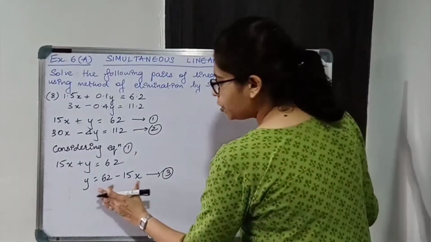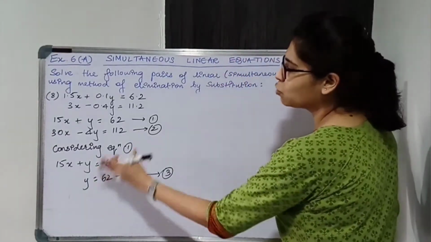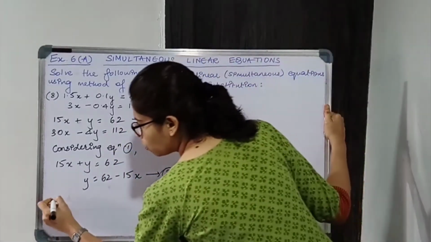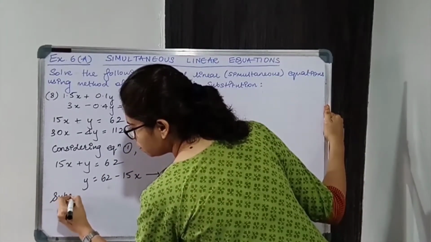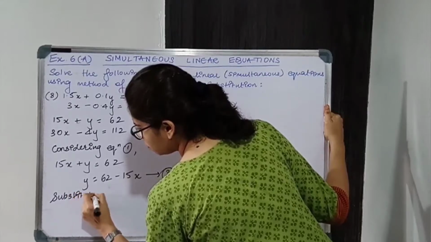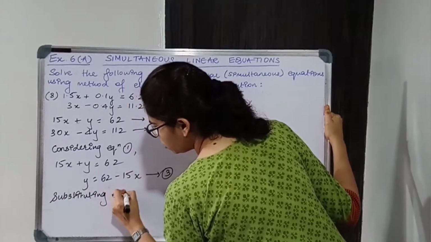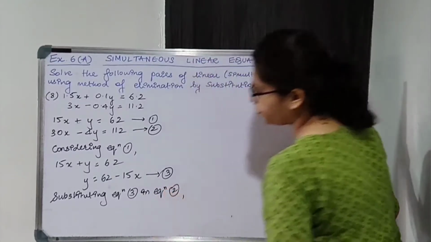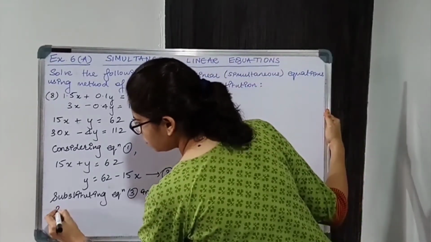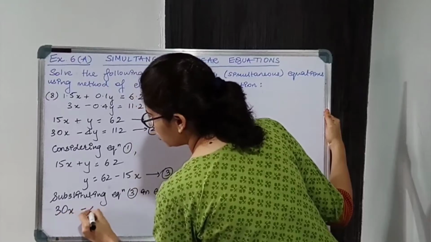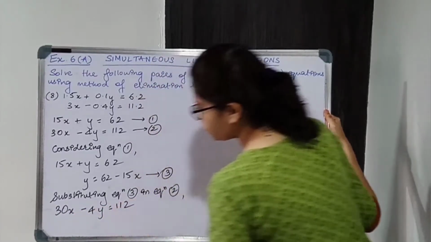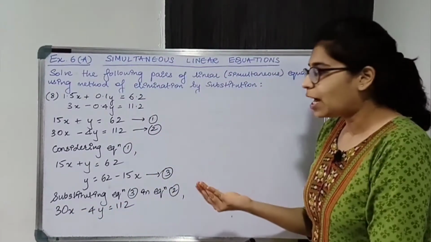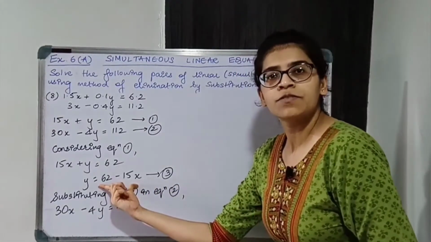Okay, so substituting equation 3 in equation 2. So 30x minus 4y is equal to 112. In place of y, I can write 62 minus 15x.